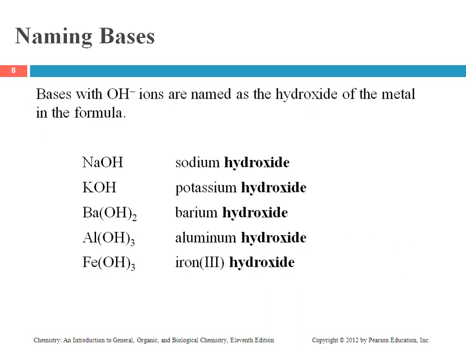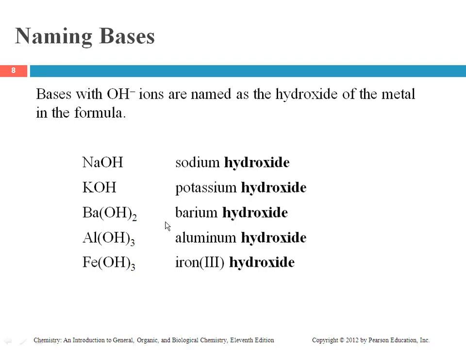Naming bases is simpler than naming acids. Most of the ones we're going to have you know are going to end in hydroxide. And so you just name the metal, and then you name the ending as hydroxide. So NaOH is sodium hydroxide. Potassium hydroxide. You guys have actually named this way back when we were working on naming earlier in the semester.